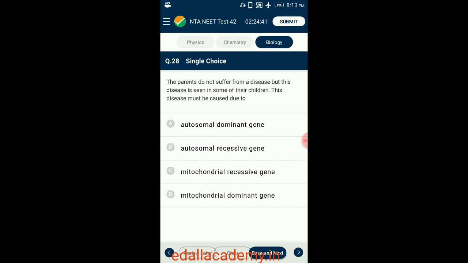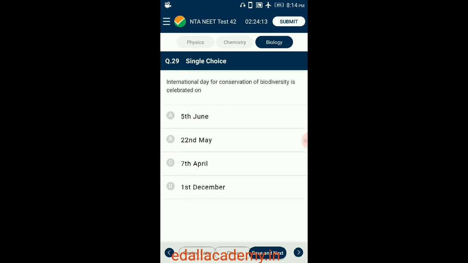However, they will produce offsprings of the genotype capital A capital A, capital A small a, and small a small a. The children with genotype small a small a will suffer from the disease. So the answer for this question is option B, autosomal recessive gene.